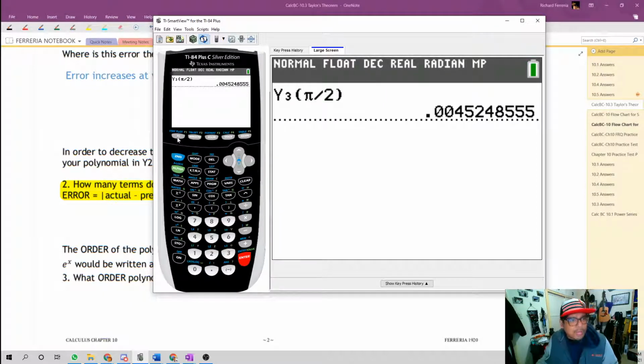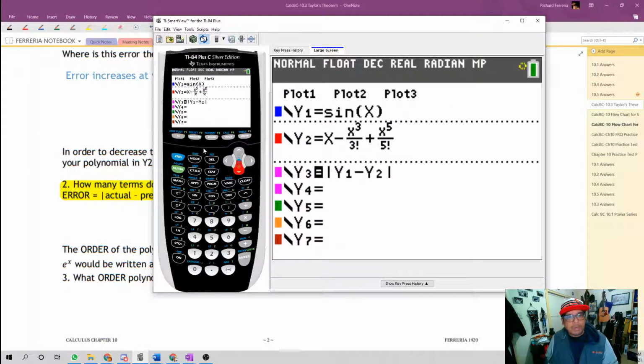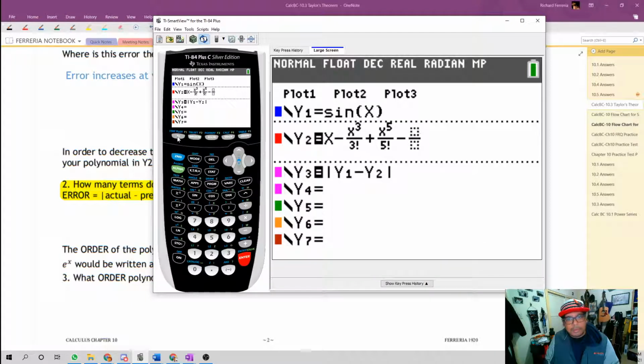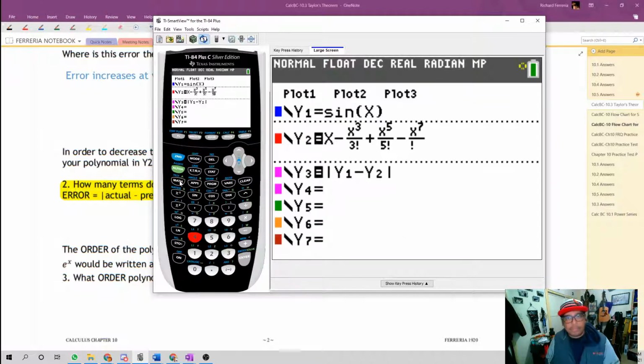So in order to increase the accuracy, I'm going to go to the y equals menu, go on down to y2, and I'm going to add another term. So minus x to the 7th power over 7 factorial. Probably helps if I put a 7 there, right?